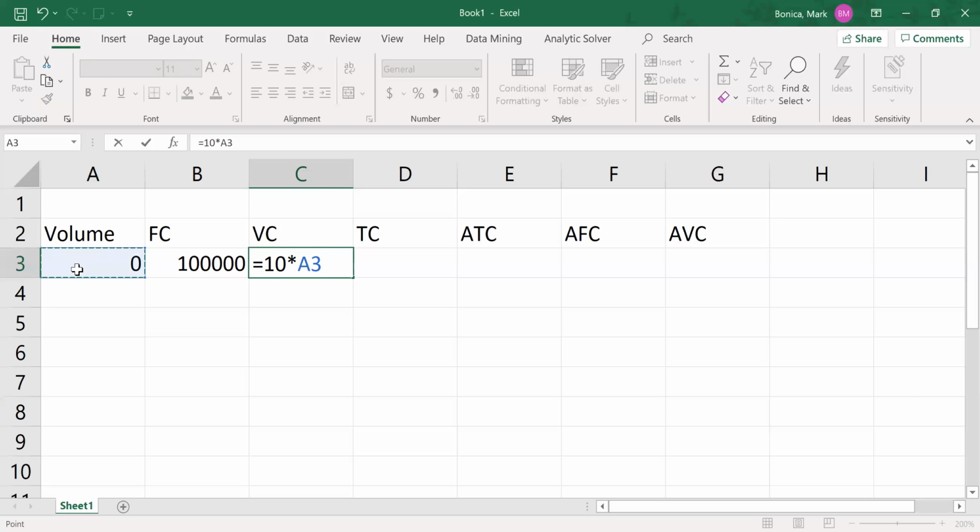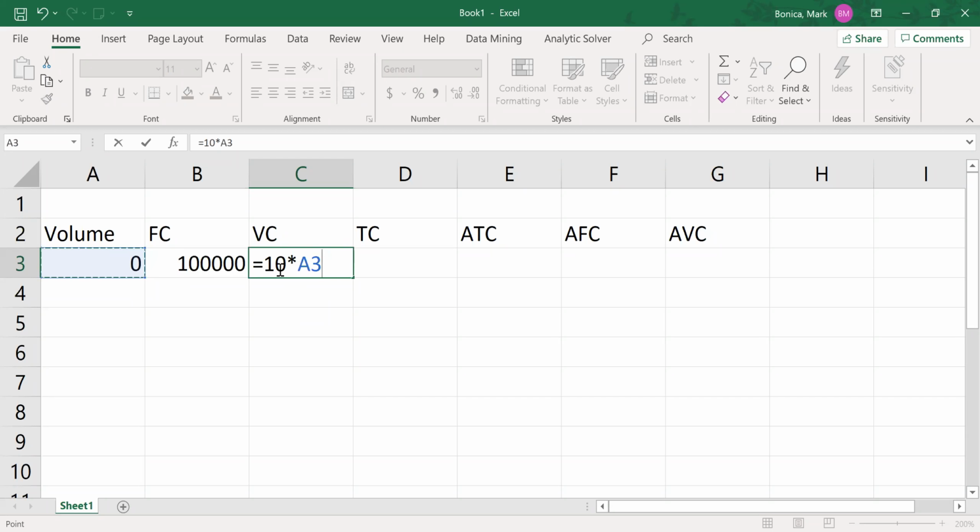When you do a formula in Excel, you start with the equals sign, then you can type in an absolute value like 10 or 47 or 100,000 as I did over here. The asterisk is the multiplication symbol in Excel. Then, using your cursor, you can choose a cell for Excel to reference.